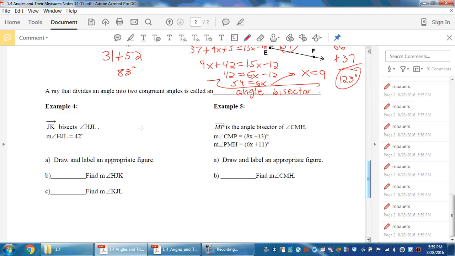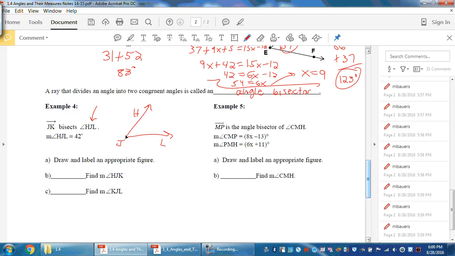So let's try that. Let's draw an angle. So it tells us to draw an angle, angle H. Remember, the middle letter is going to be the vertex. Now, I'm going to draw a ray called JK, which is bisecting the angle.